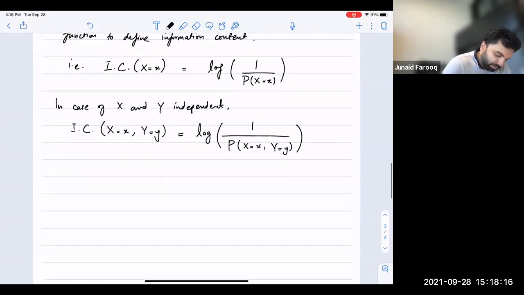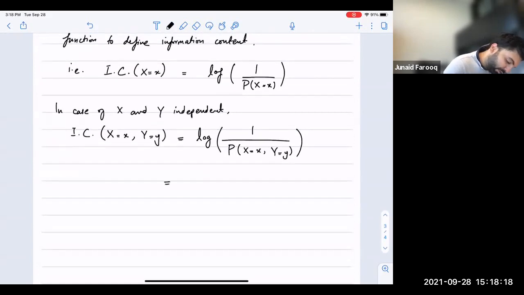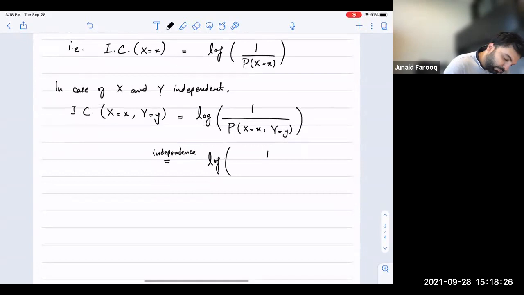But since x and y are independent, this can be written as the log of 1 over the probability x equals x times the probability y equals y.